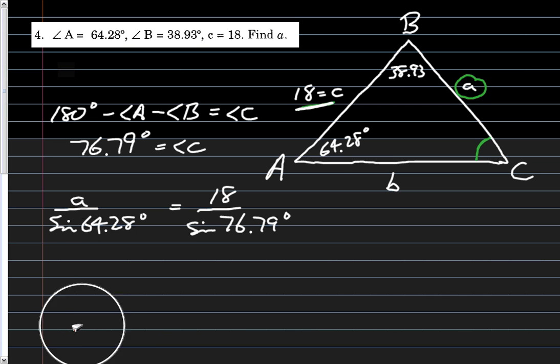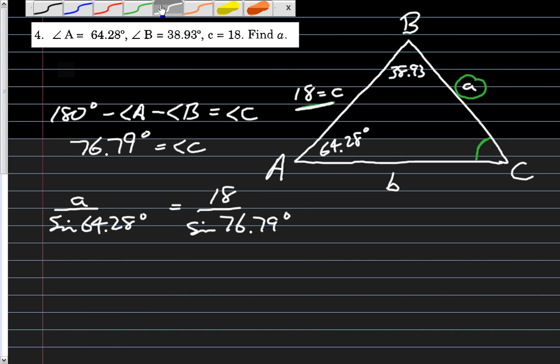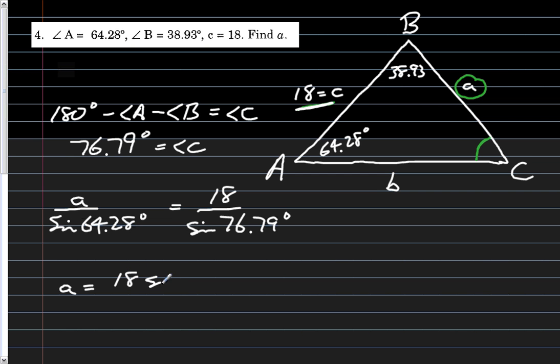Let me get rid of my hint here. We'll rearrange for side A. We're going to have 18 multiplied by the sine of 64.28, and we're going to divide by the sine of 76.79, like so. Now we're ready to do some calculations.